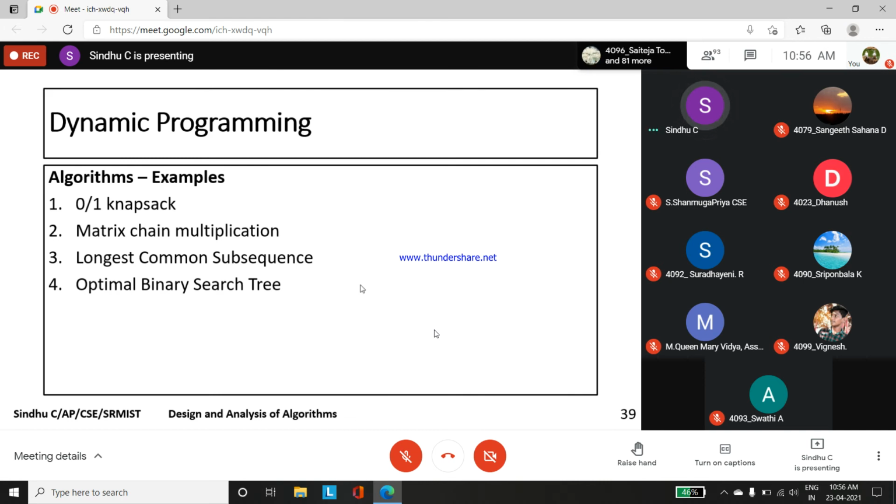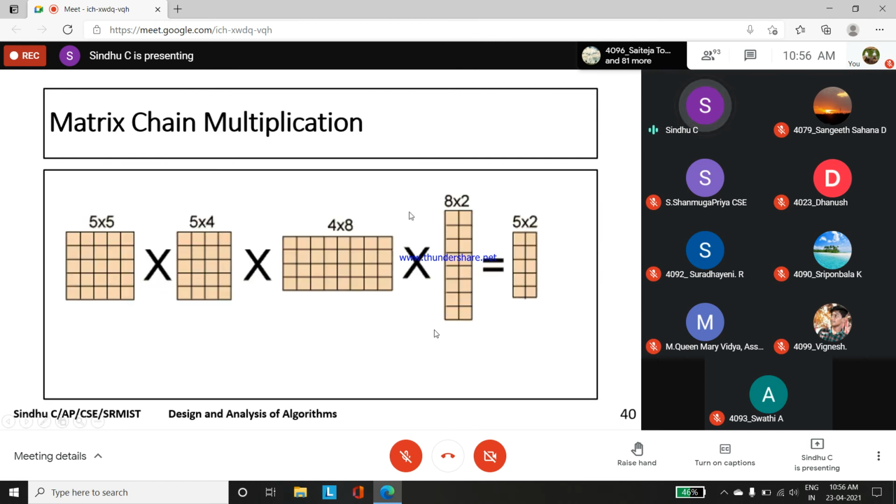And here I have discussed matrix chain multiplication. Matrix multiplication requires that the first matrix's column count should be equal to the second matrix's row count. Only then can you do this matrix multiplication.